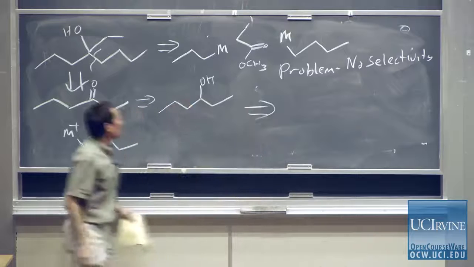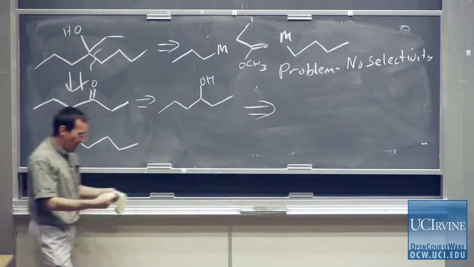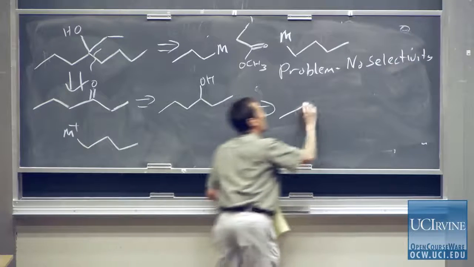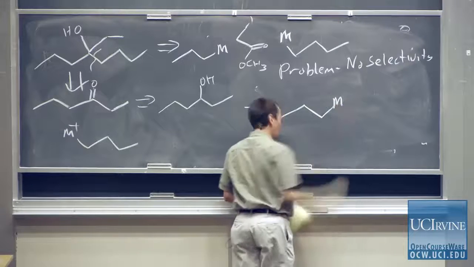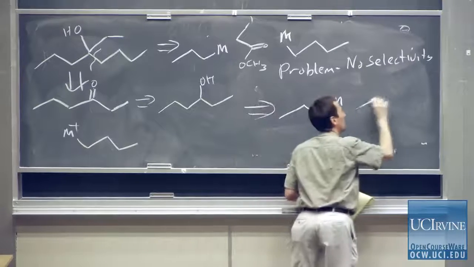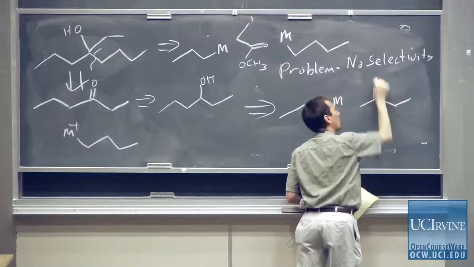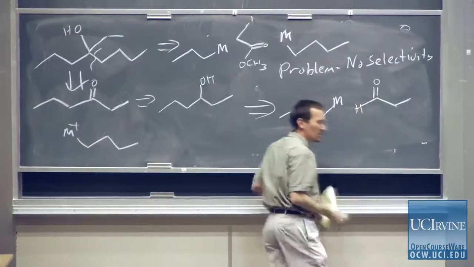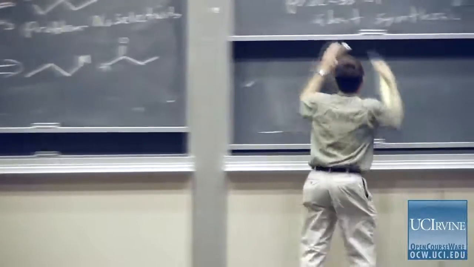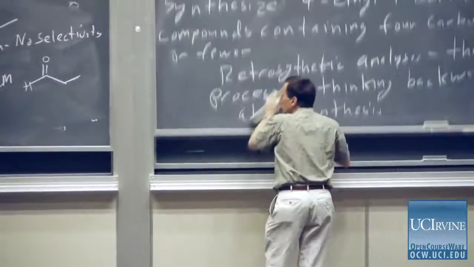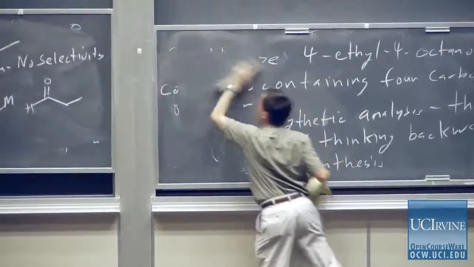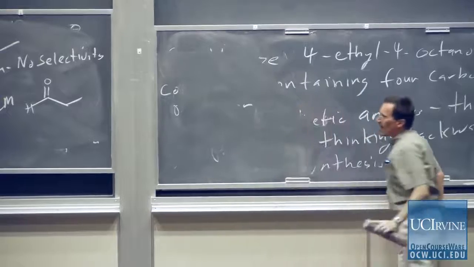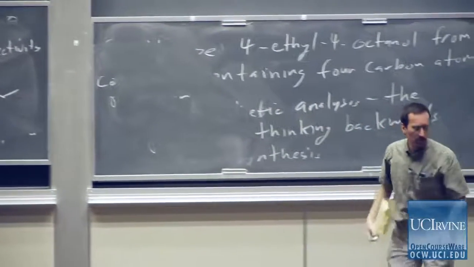Now I can think backwards again to a propyl reagent and propanal. At the strategic level, we've now broken this molecule apart. We've used the process of thinking backwards to figure out how we can put this molecule together.